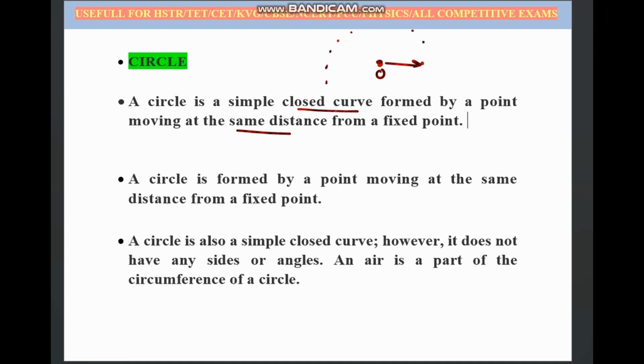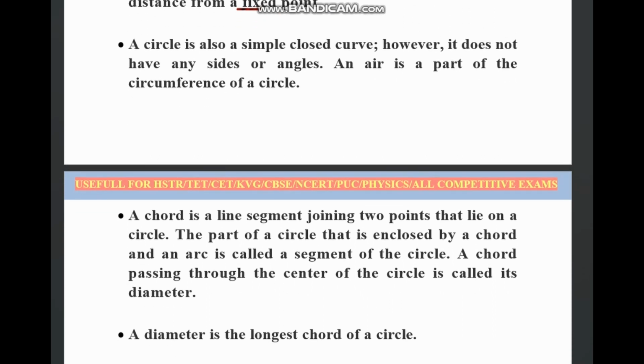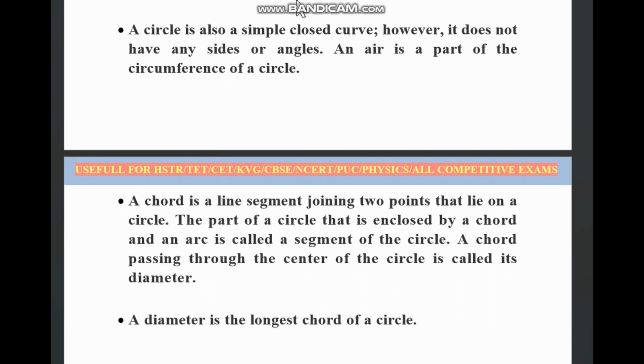We know that a circle is formed by points moving at the same distance from a fixed point, and that fixed point is nothing but the center. A circle is also a simple closed curve. So this is very important. A circle is also a closed curve and it is a simple closed curve because the curves are not intersecting here. However, it does not have any sides or angles, and an arc is a part of the circumference of a circle.